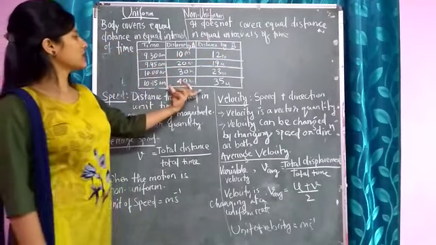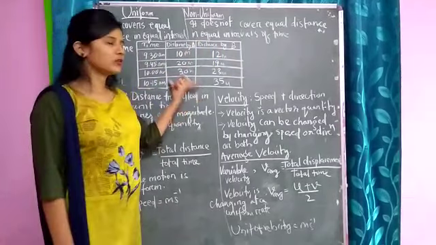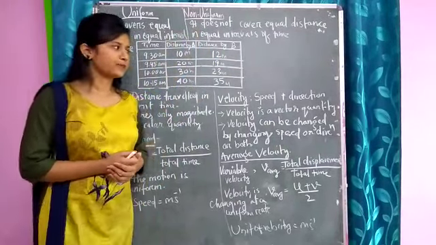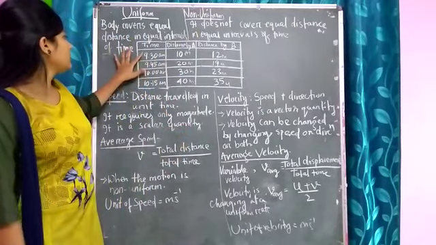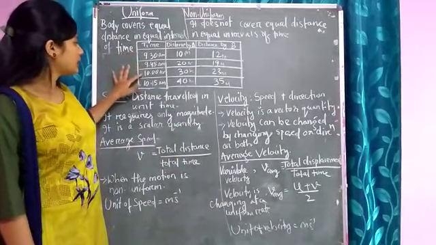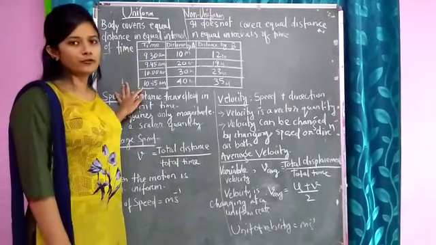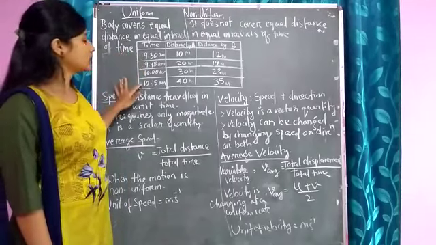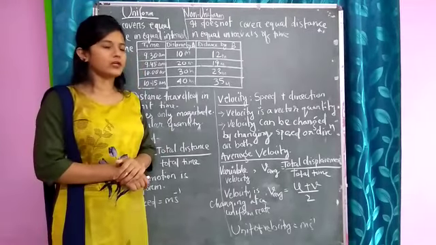From this example we will understand uniform and non-uniform motion. The timings are 9:30, 9:45, 10 am and 10:15. So the body travels from 9:30 to 10:15.